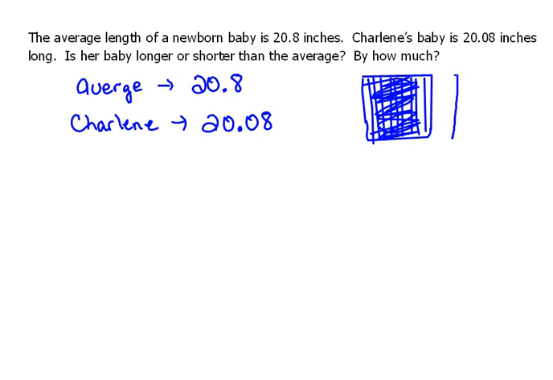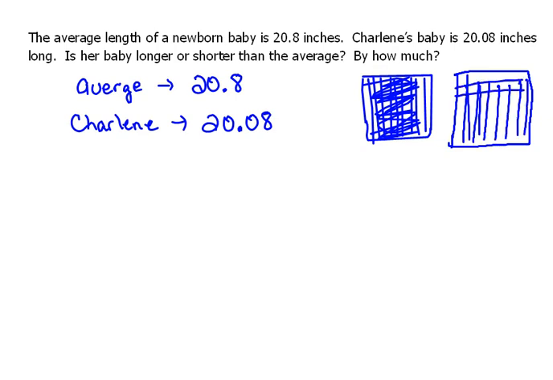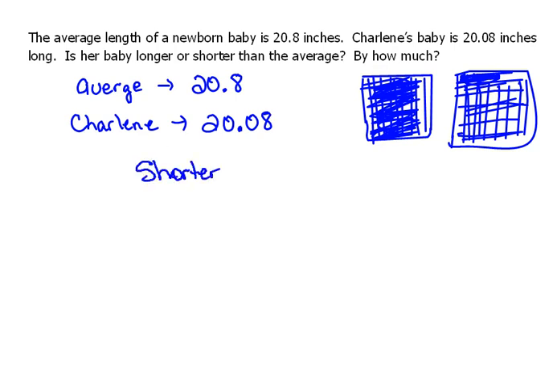Well, if I were to do the exact same thing, breaking it up into 100 parts, however many that would be, and then I were to color in 8 of them, that's a whole lot less visually than this picture. So 0.08 or 8 hundredths is much smaller than 8 tenths. That tells us then that her baby is shorter than what the average baby was.